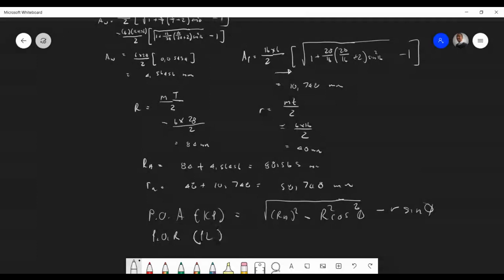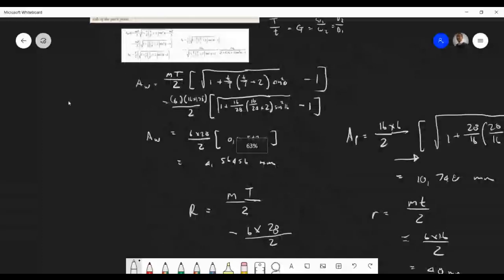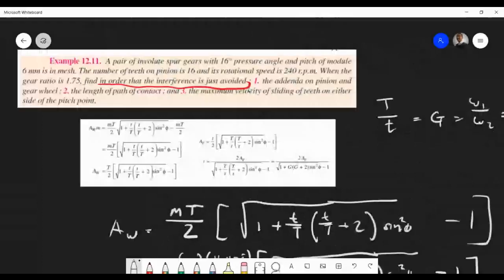Find the addendum, then you apply small r sine theta. You find the path of approach, you find the path of recess, and in the end you find the path of contact, and the maximum velocity of sliding of teeth will still be at KP. Then it's all the same from there onwards. Same old.